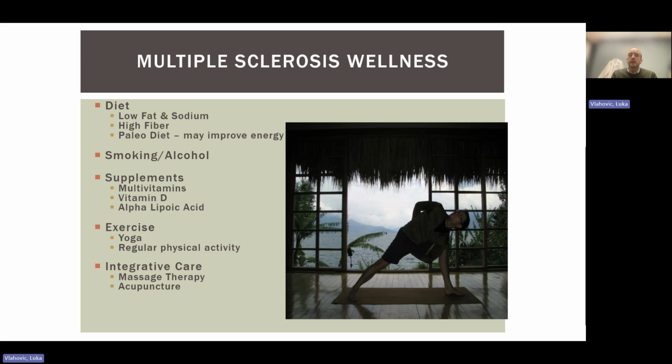There's really no specific diet that has been shown in rigorous clinical trials to be more efficacious than another. But healthy diets, low in fat and sodium, high in fiber, and regular meals, not skipping meals, and avoiding bad habits such as smoking or heavier alcohol drinking.